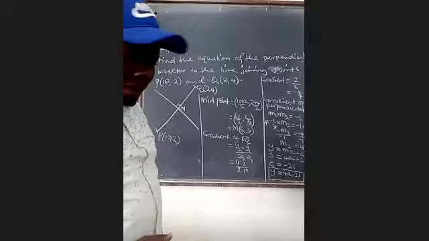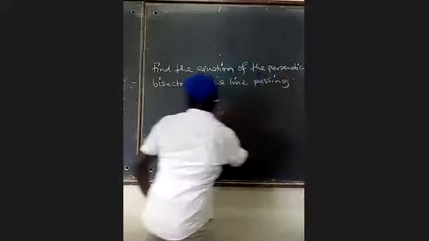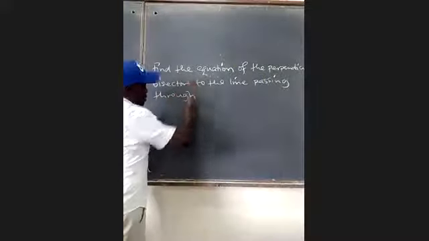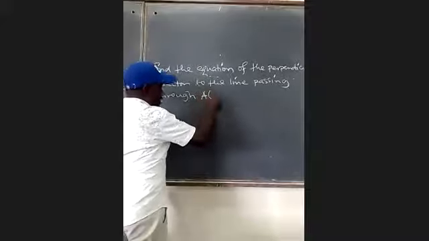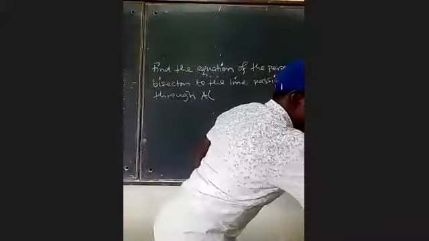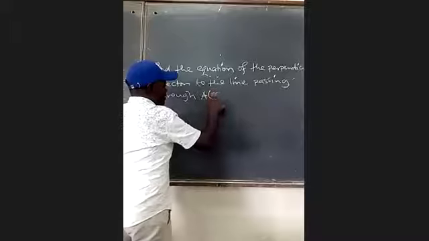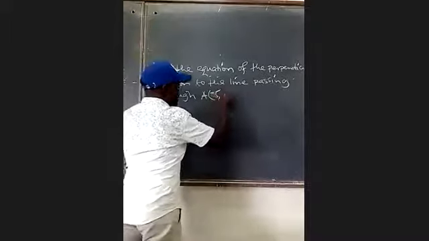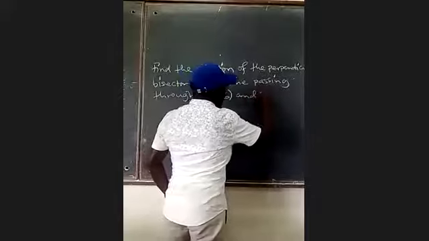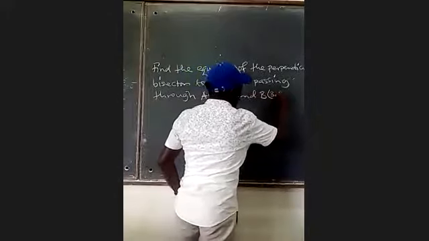Okay. Thank you, teacher. Passing through A negative 5, 6, and B is 3, 2.